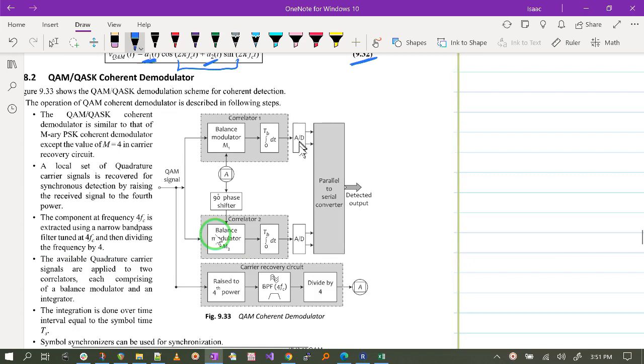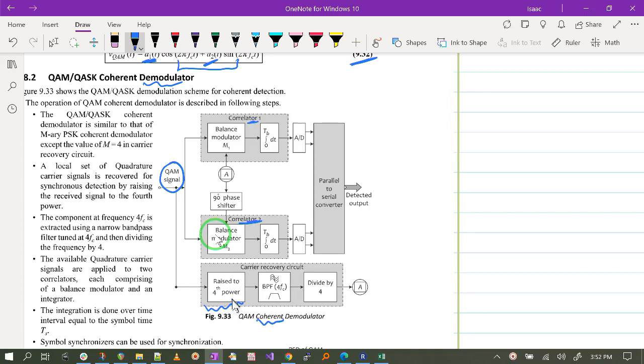Now talking about the demodulator, we will borrow the ideas that we have seen with QPSK, where we use the mth power to recover the coherent carrier at the demodulator. We split our QAM signal into three. One is sent to correlator 1, another is sent to correlator 2, and the other is sent to the carrier recovery circuit.